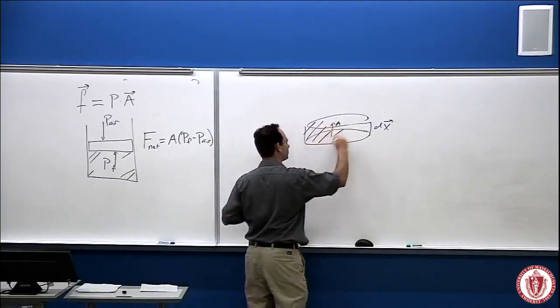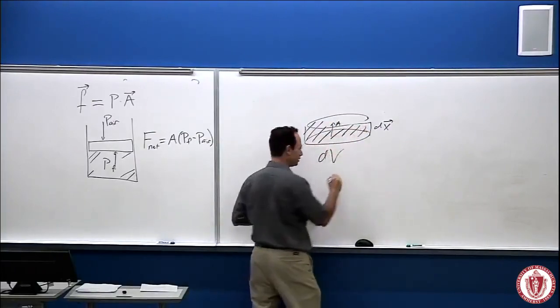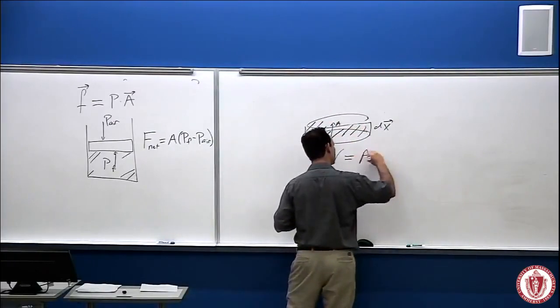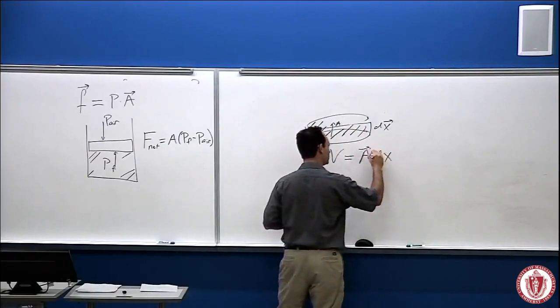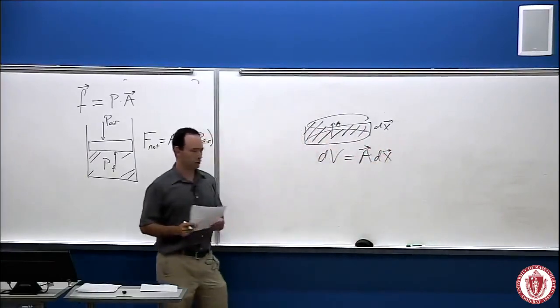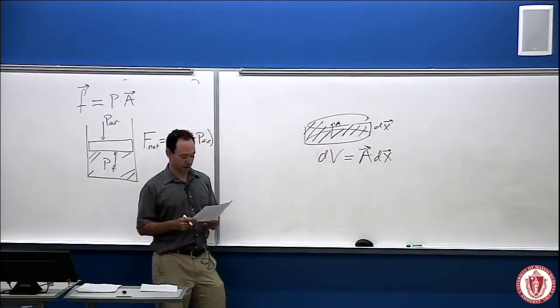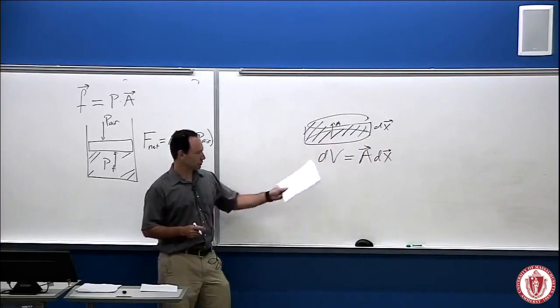That's the volume here in this cylinder, a little volume, so we'll call it dV, equal to the dot product of the area and the differential displacement. So let's just remember that little fact.